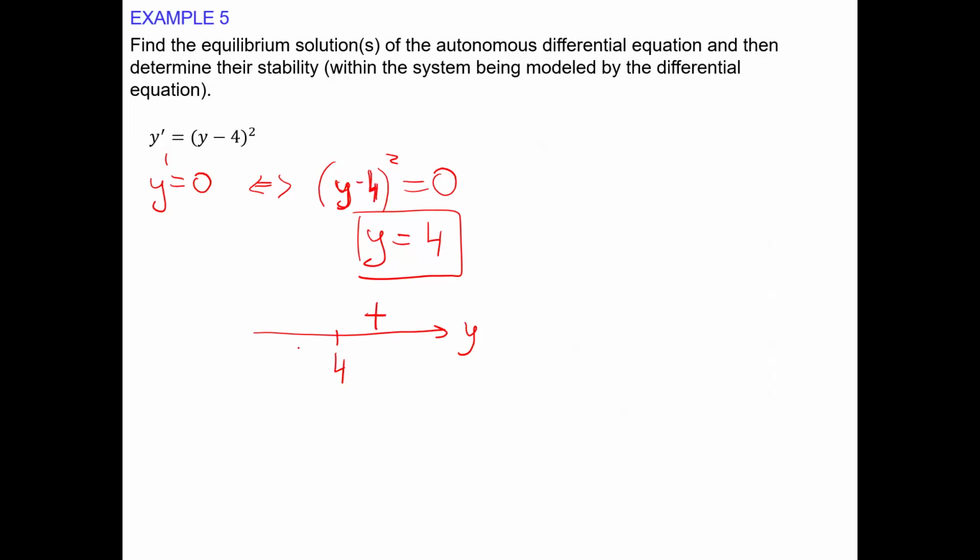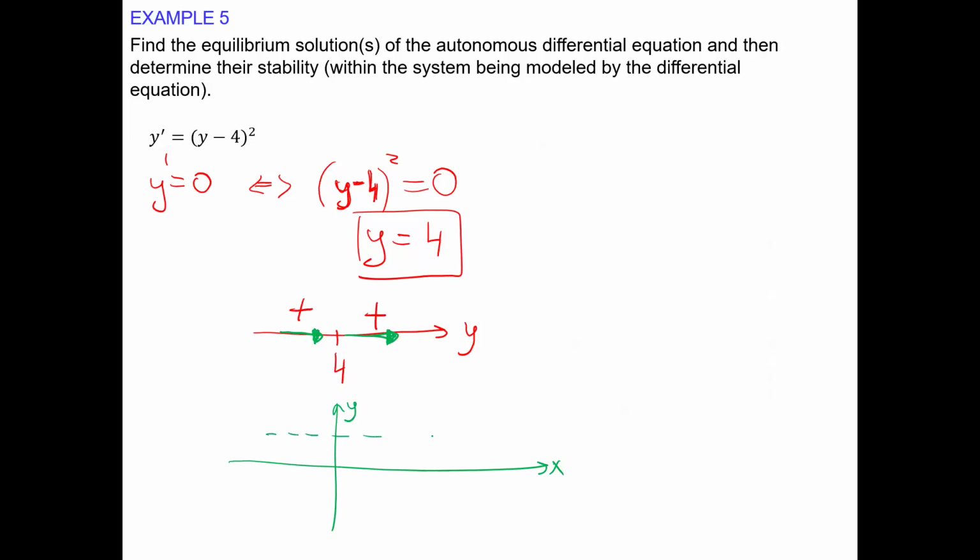When I substitute 3, 3 minus 4 is negative 1, but when we square, it's also positive. This is interesting because the arrows always point to the right-hand side. That means the solution approaches 4 and then goes away. That means this is semi-stable.